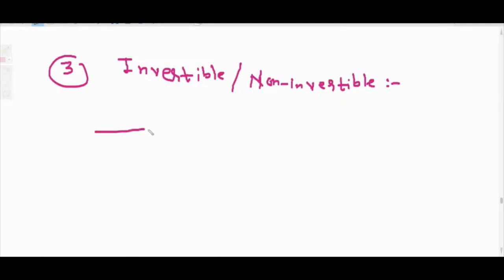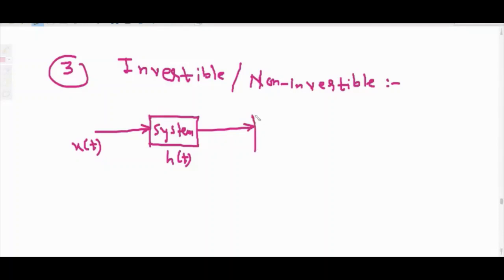Okay, so we can have one system, and this is connected to one inverse system. This inverse system has impulse response h inverse t.